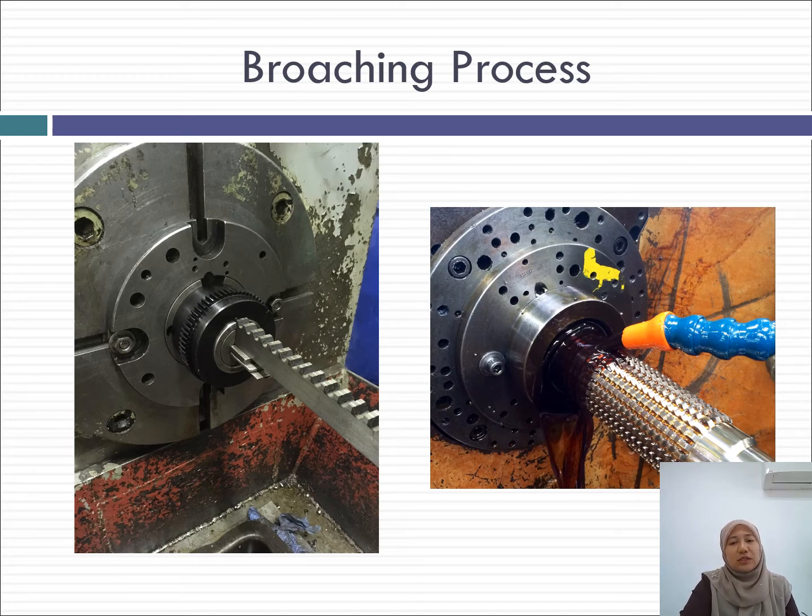So the broach is static, while the workpiece is moving along a continuous path. Because of its continuous operation, this machine can be used only for surface broaching, so for external use only, not for internal broaching.